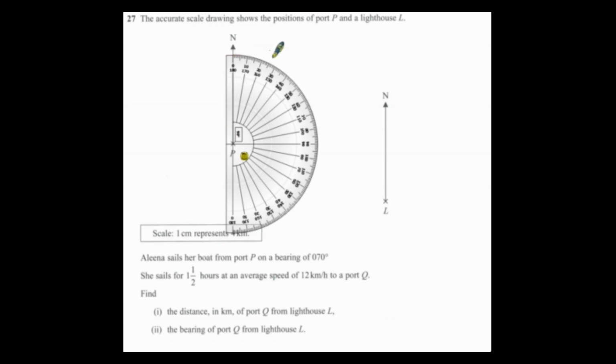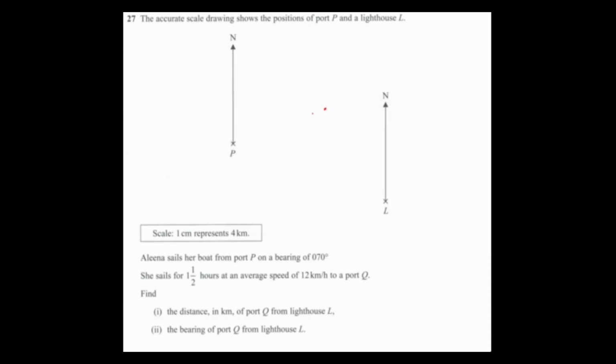We are then going to measure round 70 degrees, which is at the point here, 70 degrees. We can now move the protractor, and with a ruler you can then draw a line from point P through the 70 degree mark, the 070 bearing. So that's the direction in which she's going to travel.